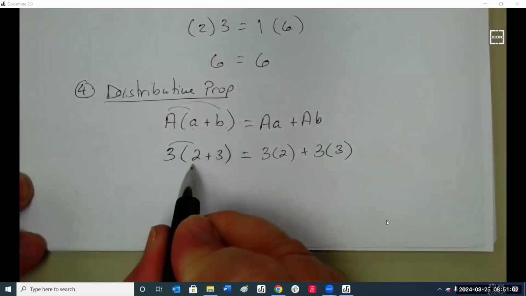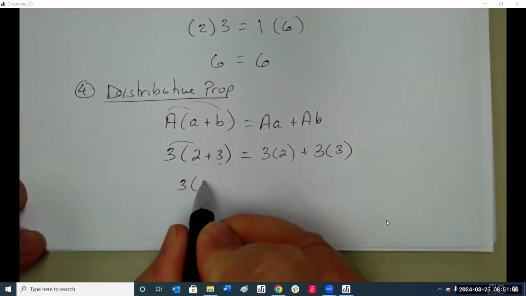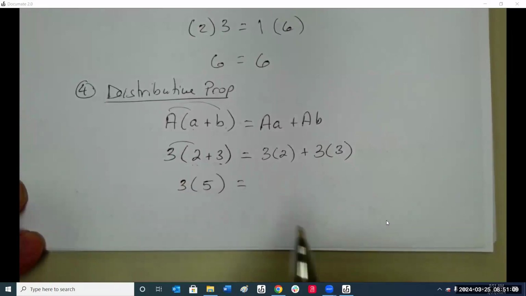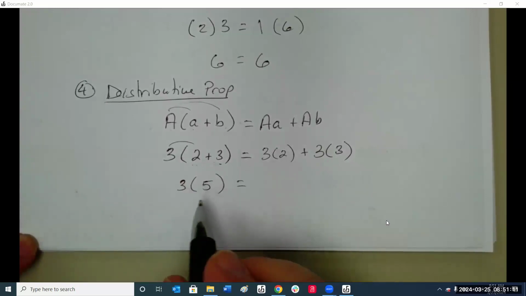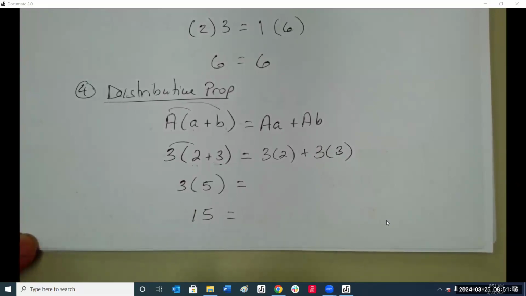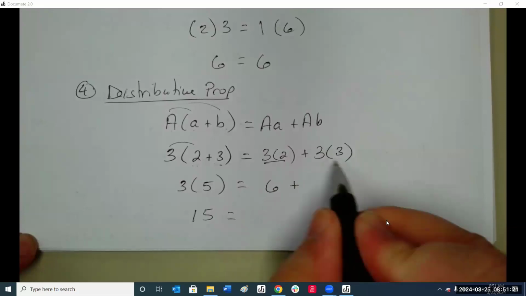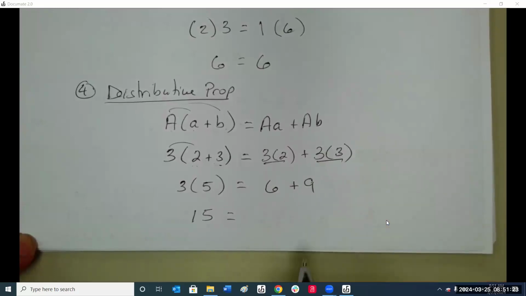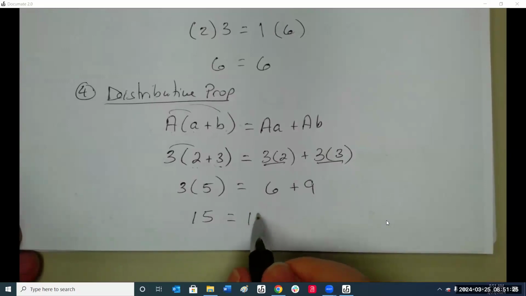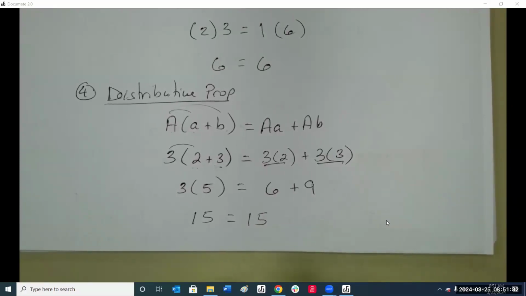The left side says I could do inside the parentheses first. 2 plus 3 is 5. And then one of the examples we did earlier was 3 times 5. That equals 15. 3 times 2 is 6. 3 times 3 is 9. And then 9 plus 6 is 15. And you show them that because it's whatever method they like the best.